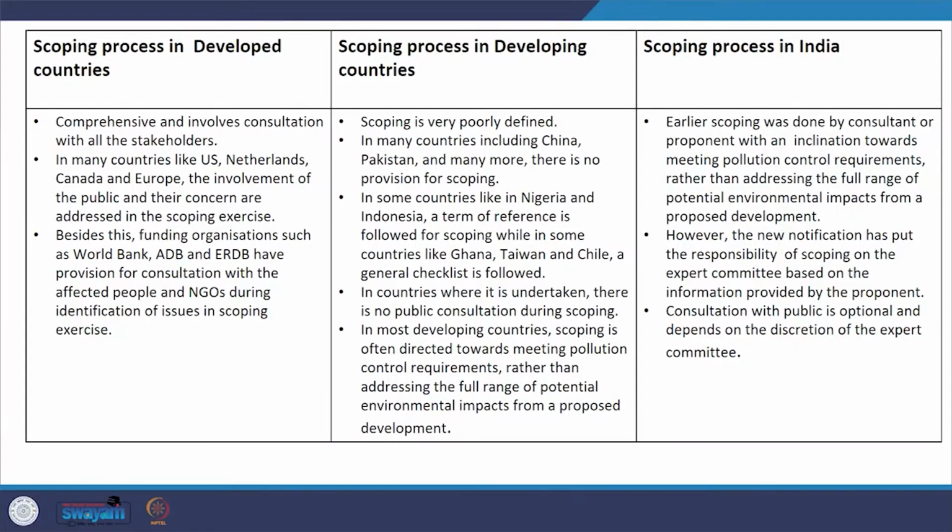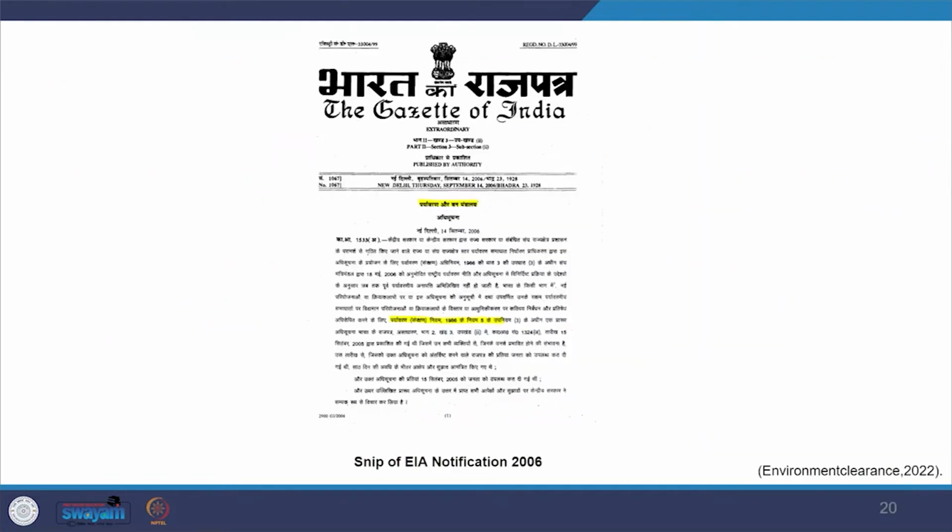So mostly it's the geophysical environment that is looked at, rather than addressing the wide range of issues which you saw in our previous class. When considering India in terms of the scoping process, earlier scoping was done by the consultant or proponents with an inclination towards meeting pollution control requirements, and in the same way, it was not really meeting the wider goal.